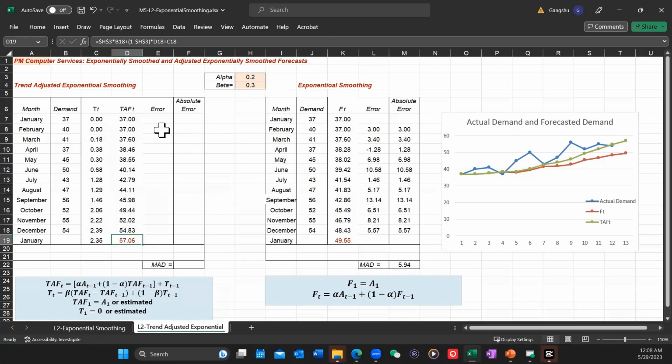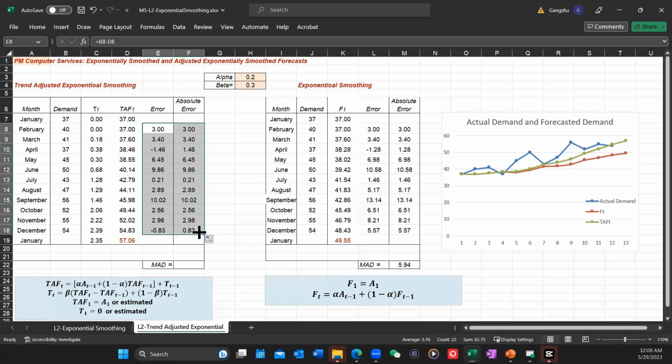Let's try to see the error and absolute error value. The deviation will be equal to the demand minus the forecasted data point. And we say, okay. We can come to the absolute value, and we say, okay, as well. We can select these two cells and fill down the rest of the 10 cells.